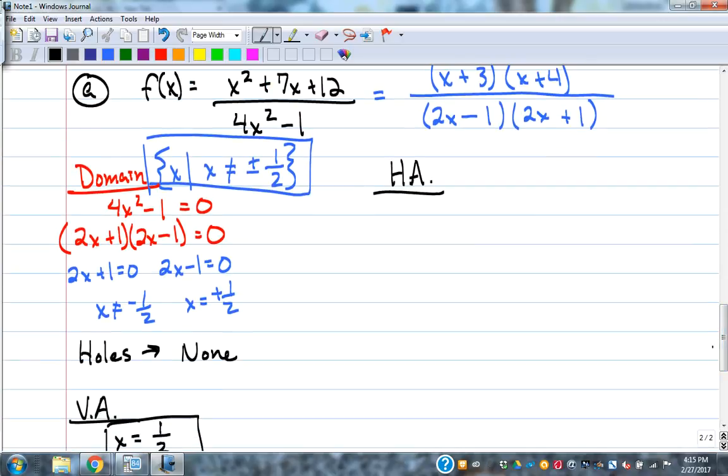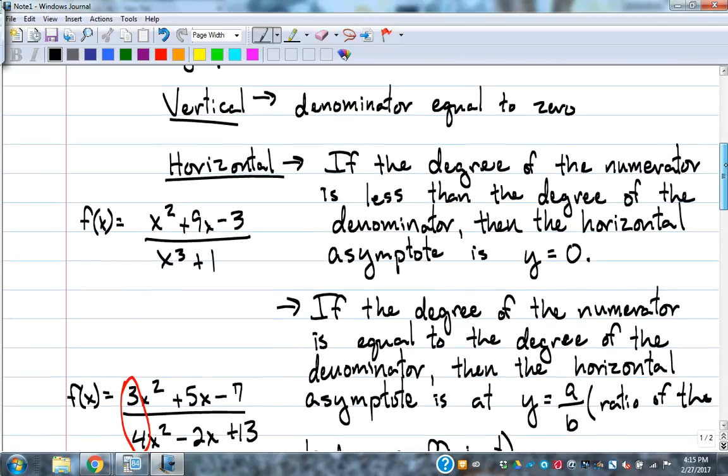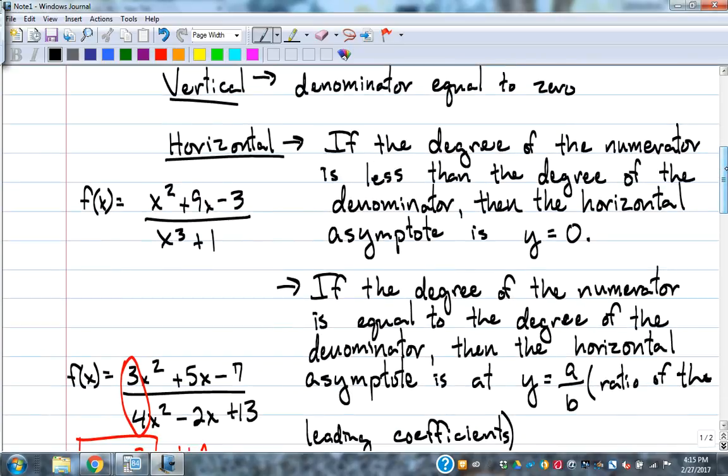So what's the degree of the top? Degree of the numerator, 2. The degree of the denominator, 2. So they're the same. That means what about the horizontal asymptote? Look back at our rules here for horizontal asymptotes. If the degree of the numerator is equal to the degree of the denominator, it's the ratio of the leading coefficients. So here's an example of that.